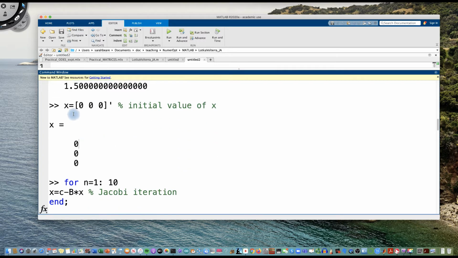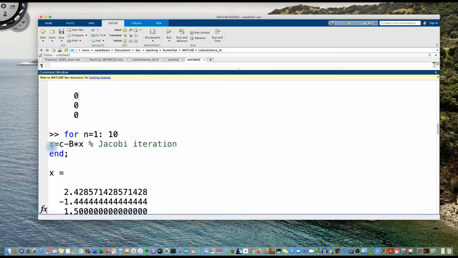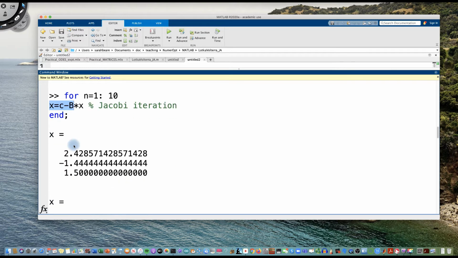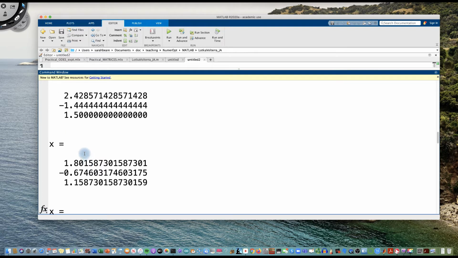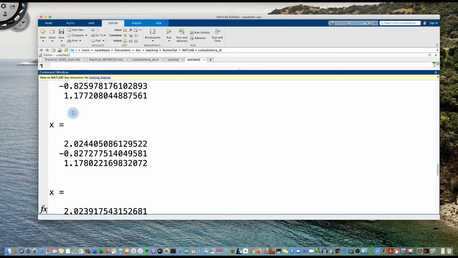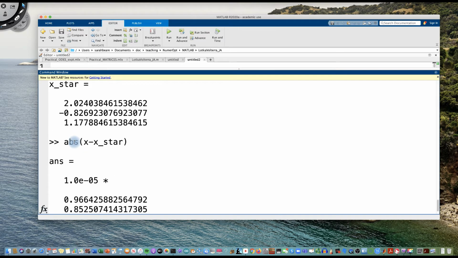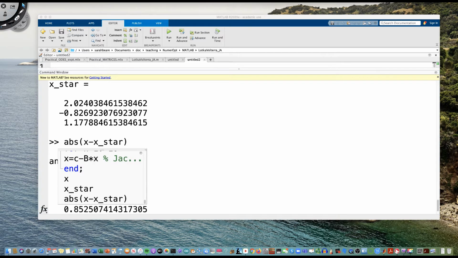We started off X at 0, 0, 0, an arbitrary point, and just iterated this multiplication. And once I did, out popped something very close to the true solution. At the end of the day, the error was of order 10 to the minus 5. So that's the first encounter with the Jacobi method.